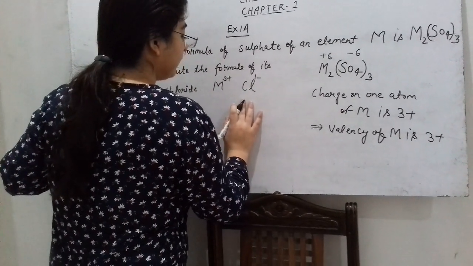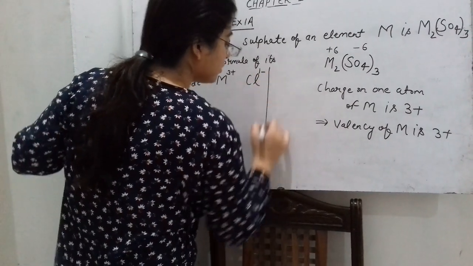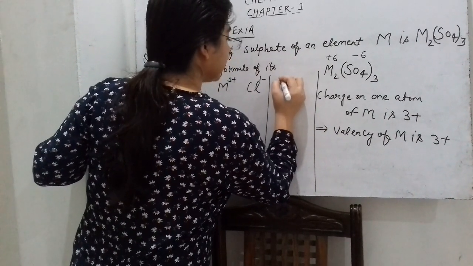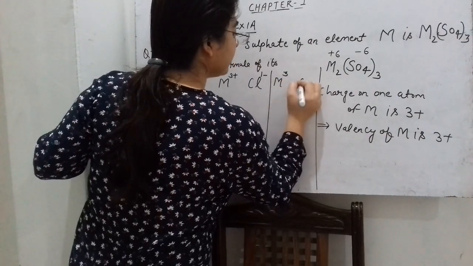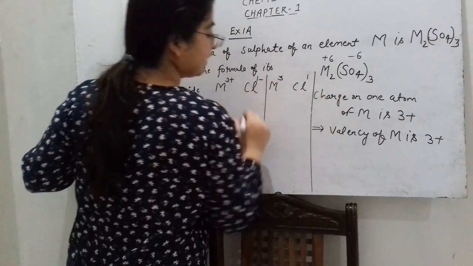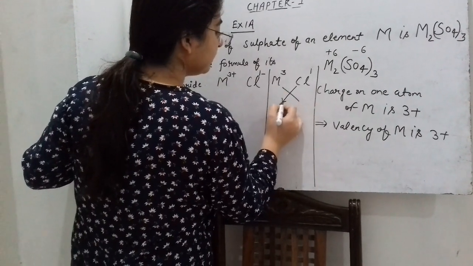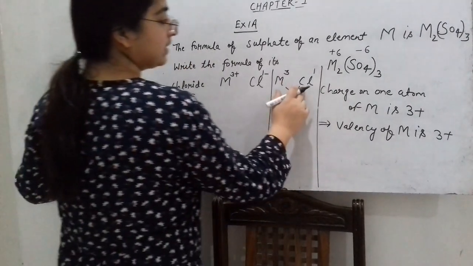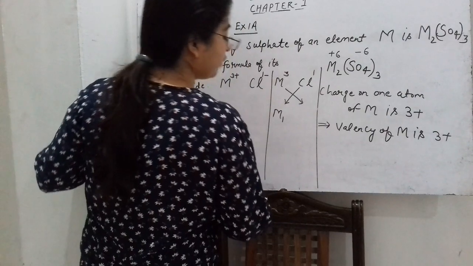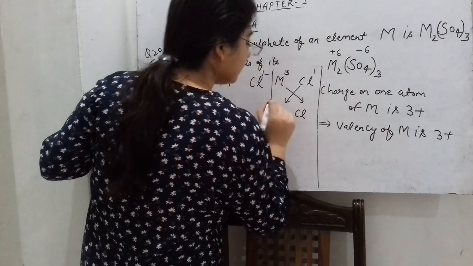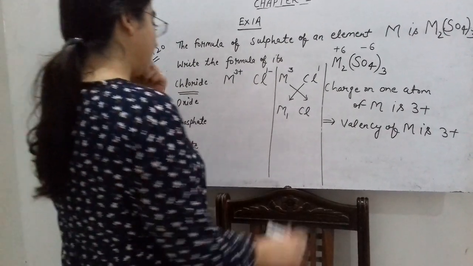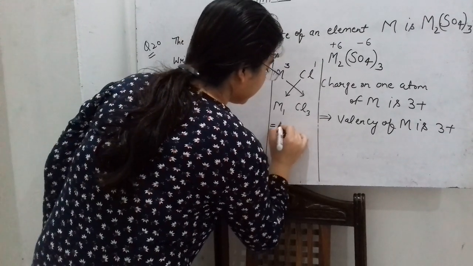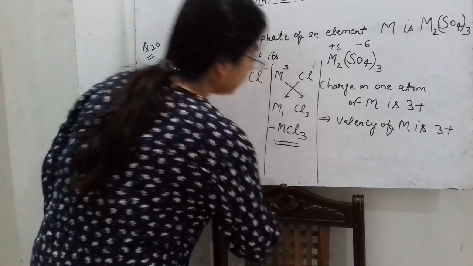Now we will write down the charge ignoring the plus and minus sign, and then we will cross over the valencies, and therefore the superscript of Cl will become the subscript of the element M, and the superscript of the element M will become the subscript of the chlorine element, and therefore the compound formed will be MCl3.